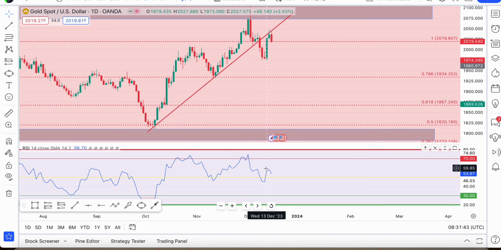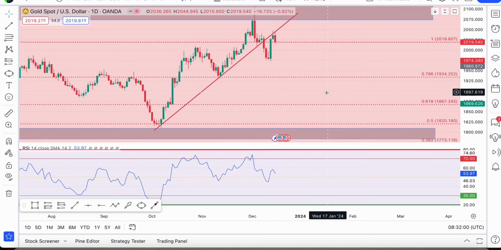So there is potential that this market is not going to break this up. Rather, there is going to be a continuation that will now be taking us towards this, which is justified also by the RSI.